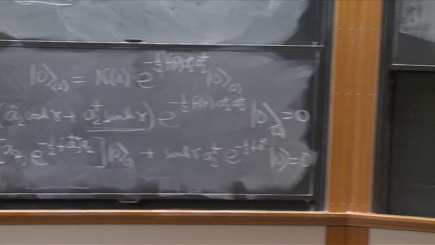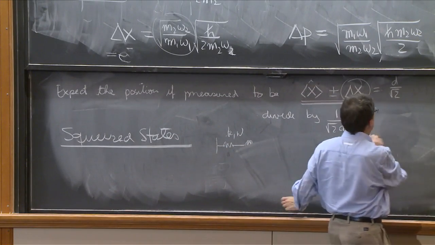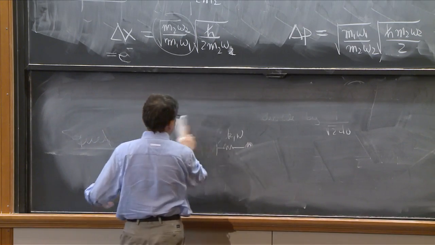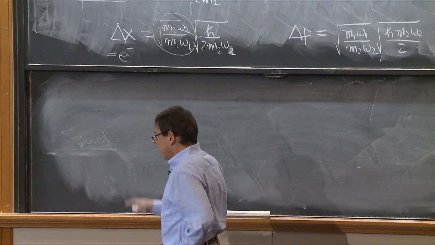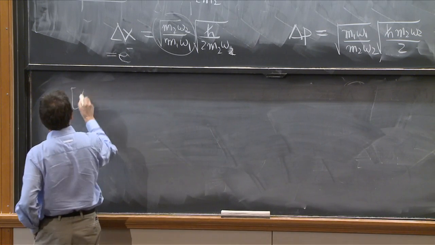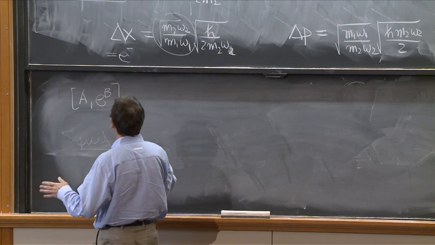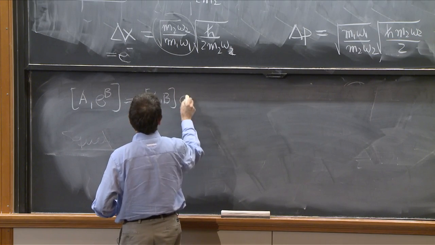So what do we get? Is that commutator doable or undoable? It's happily a simple commutator, even if it doesn't look like it, because whenever you see a commutator like that, you think A with e to the b. And then you know, if you're in luck, this is just the commutator of A, B, times e to the b.